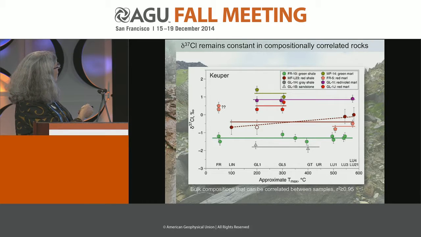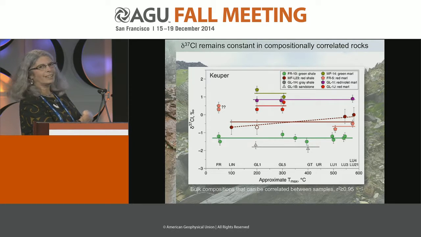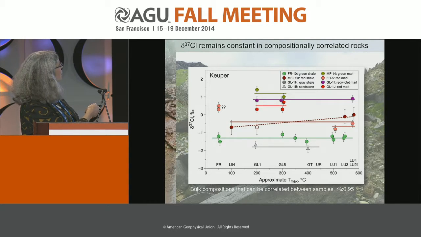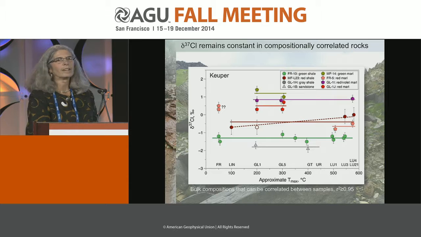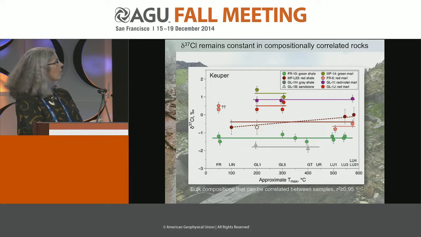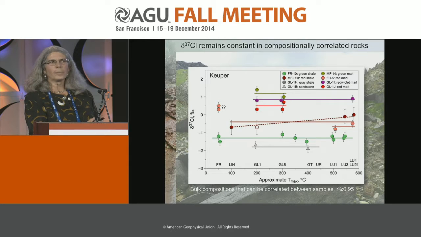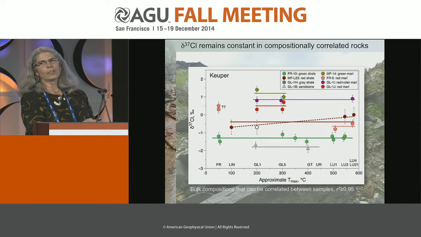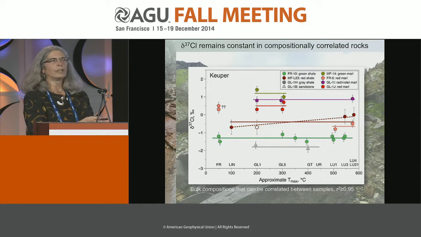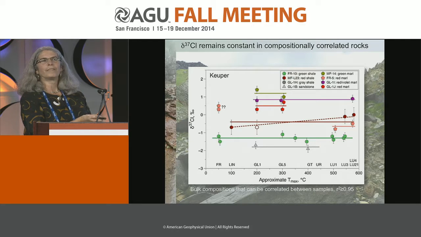The one exception is this red shale here and its correlatives. The dashed line is a best fit line, but now with 2 sigma uncertainties shown instead of the 1 sigma, again, all of the data are statistically identical. So I think this goes a long way towards confirming some of the theoretical predictions that there is no chlorine isotope fractionation during prograde devolatilization of the rocks.